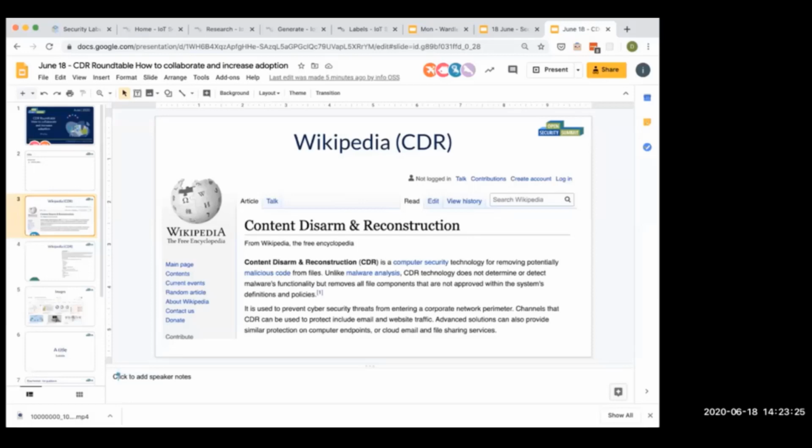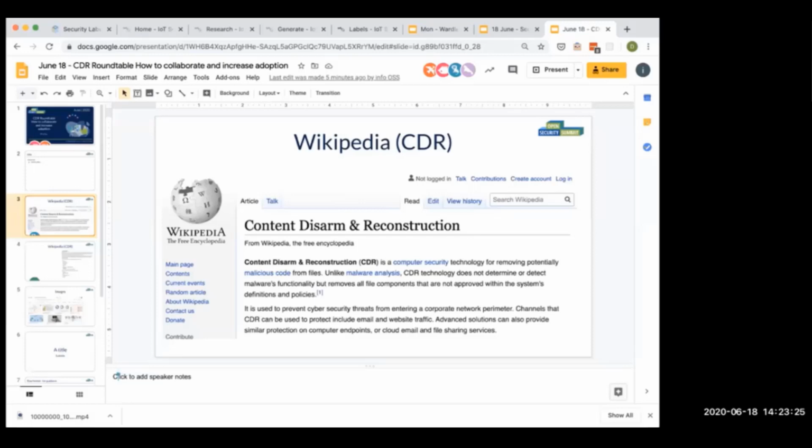I think this definition does not clearly state right at the beginning that CDR is a prevention mechanism. And the second thing is CDR does not remove malicious code as many people have said. We don't necessarily touch only code. We're looking at elements, at the structure, a lot of other things that are not written here.